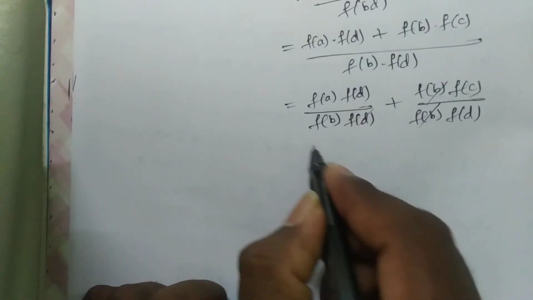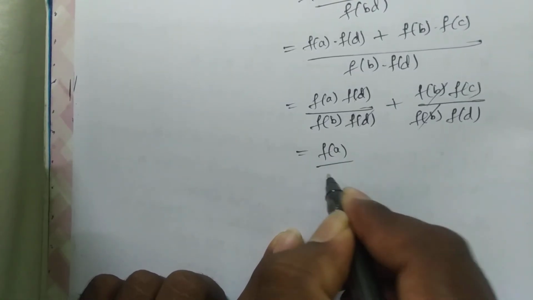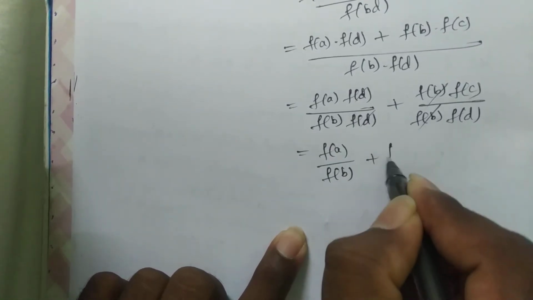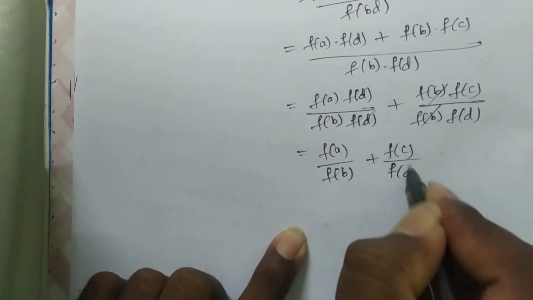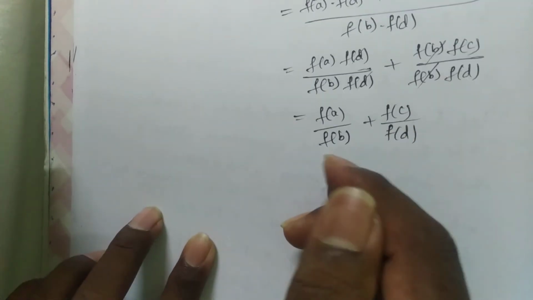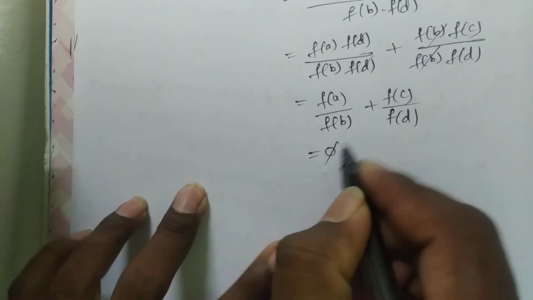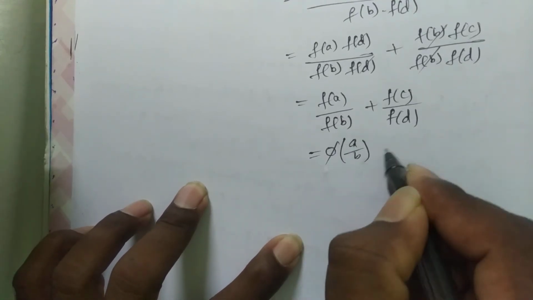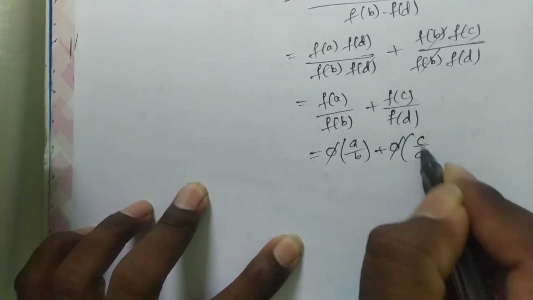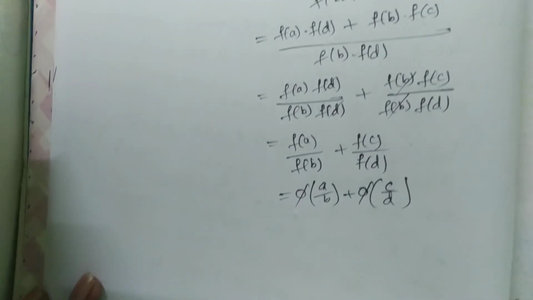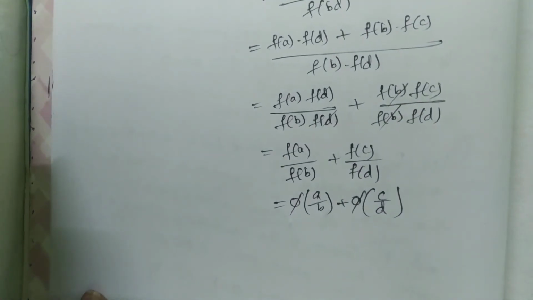The common factors cancel, giving f of a by f of b plus f of c by f of d, that equals pi of a by b plus pi of c by d.